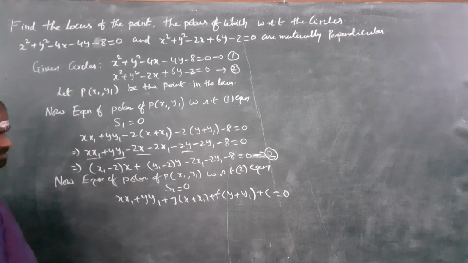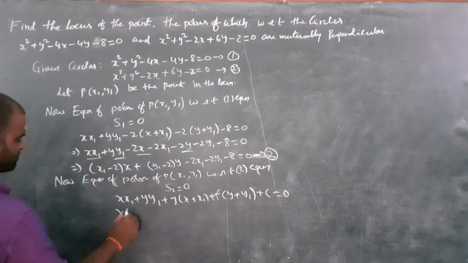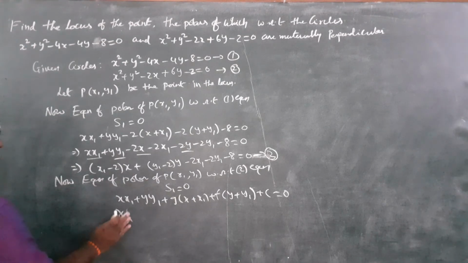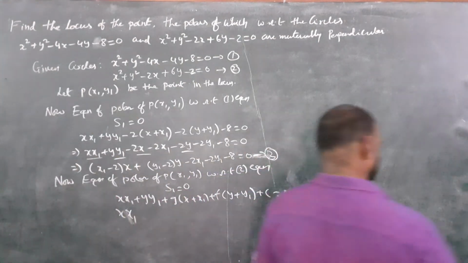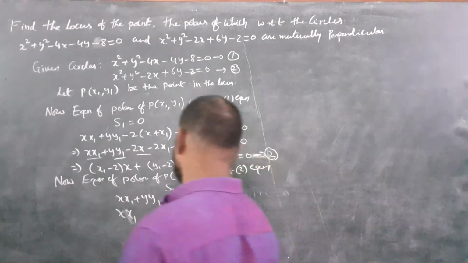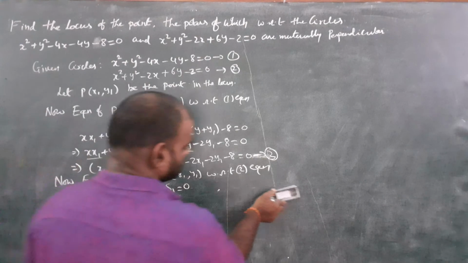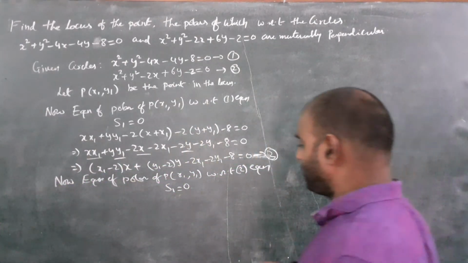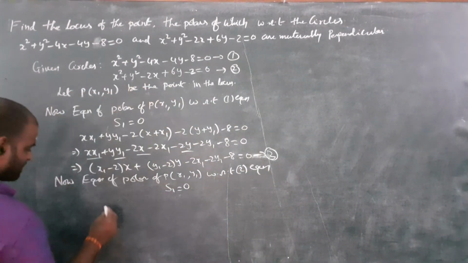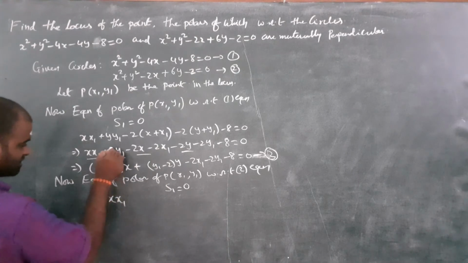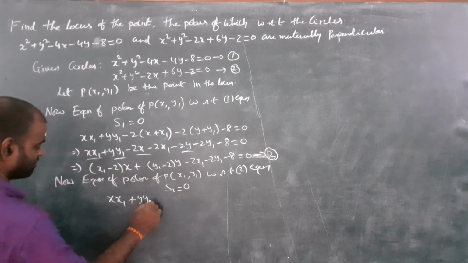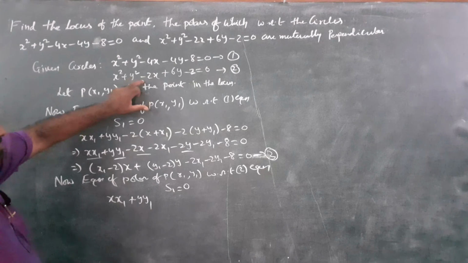So for the formula you have to substitute x into... sorry, this means x1. You have to write it directly. So you have to apply x1 equal to 0 for this circle. Directly we have to write like this: x1 plus y1 minus g.